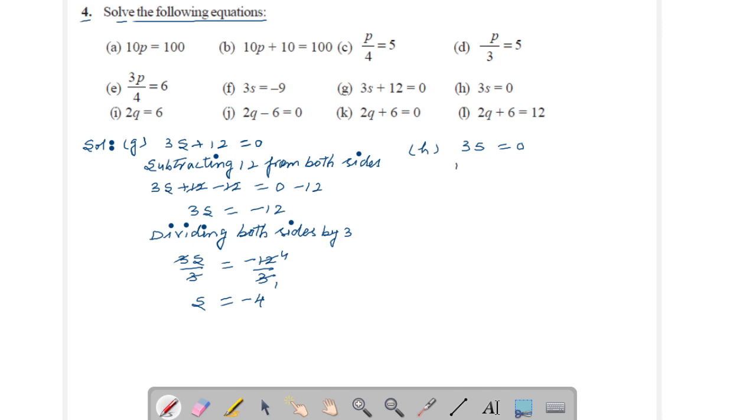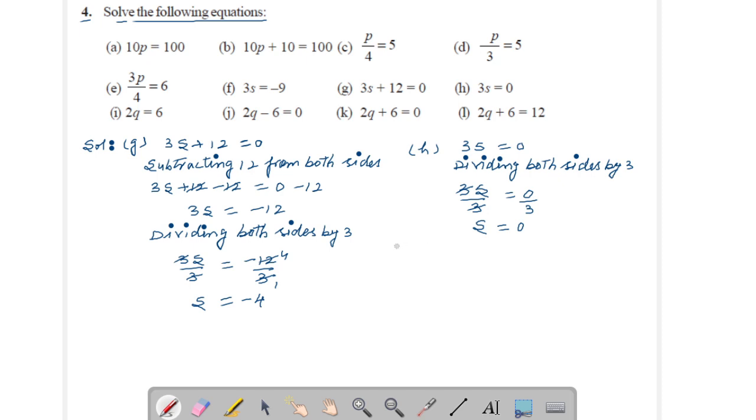So dividing both sides by 3, what will you get? 3s upon 3 equal to 0 upon 3. Here you can cancel 3 by 3. What will you get? s equal to 0 upon 3. It is 0. s is equal to 0 is the solution of the given equation.